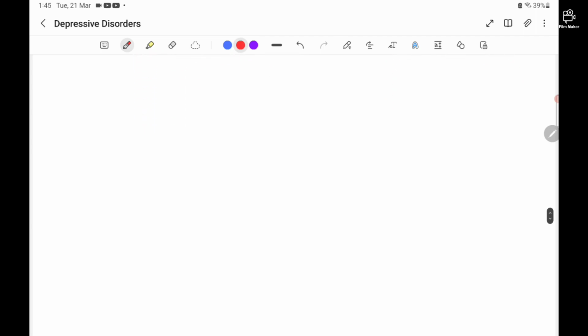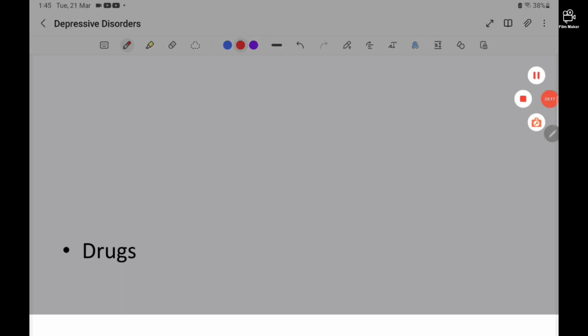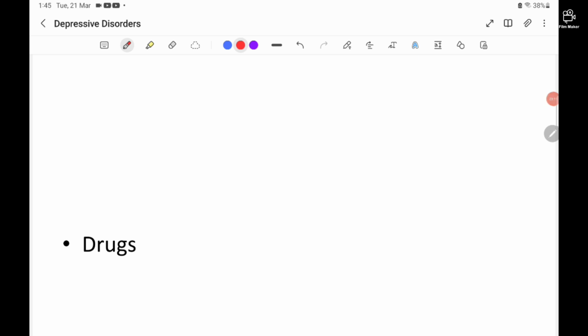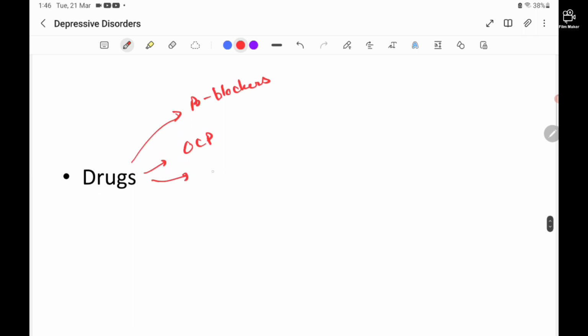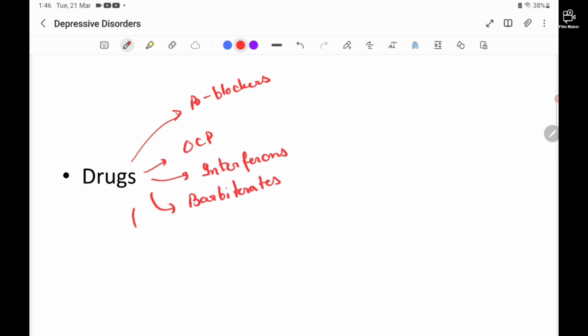Now let's discuss the drugs which cause such conditions. Drugs causing depression: beta blockers, oral contraceptive pills, interferons, barbiturates, and steroids.